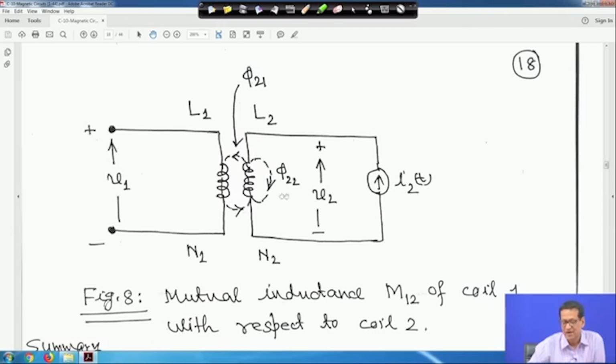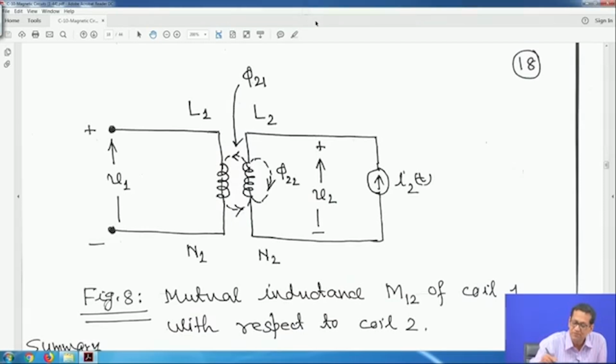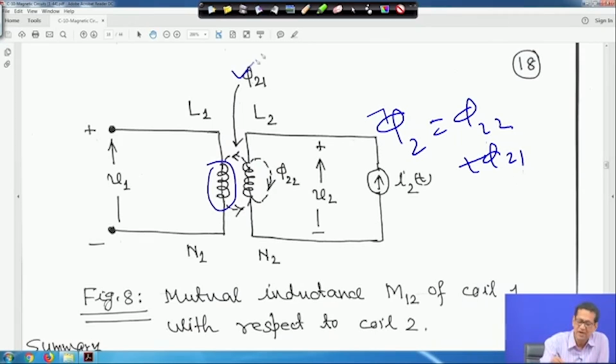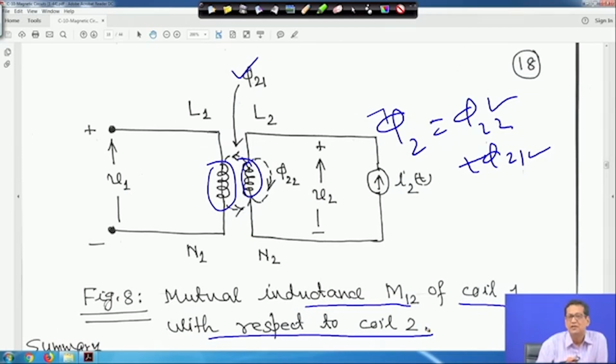Here also phi 2 is the total flux, same as before, phi 2 is equal to phi 22 plus phi 21. So part of the flux of your phi 2 is linking this coil 1, and we are calling this phi 21. Phi 22 and phi 21 both link coil 2, but this is the total flux. This is the voltage V2, this is V1, same as before. This is mutual inductance M12 of coil 1 with respect to coil 2, right.